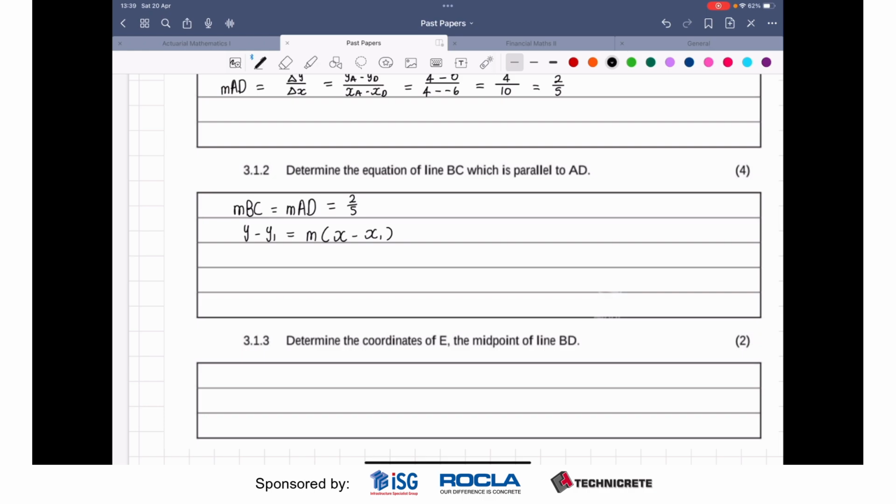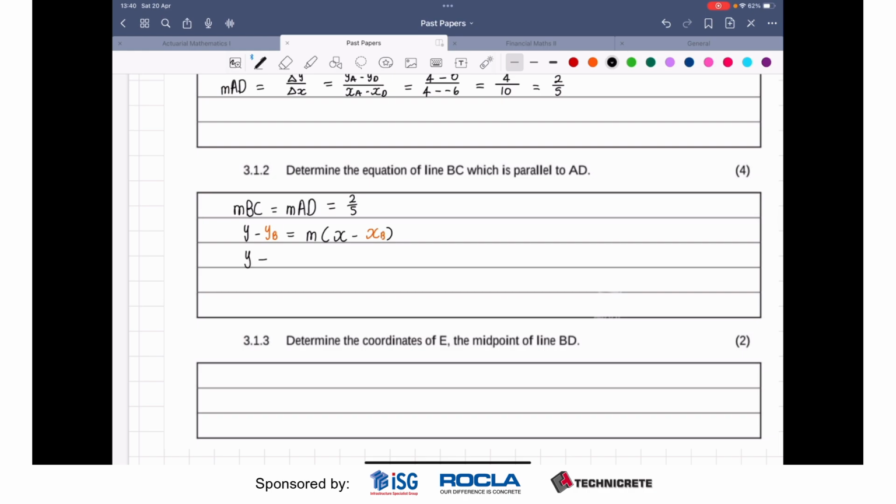Okay, and then I'm going to substitute these two for the coordinates of one point that I know lies on the line, which is B. And then I'm going to substitute this m for the m that I found earlier. So for these two, I'm going to use the coordinates of B. Okay, so I substitute everything in.